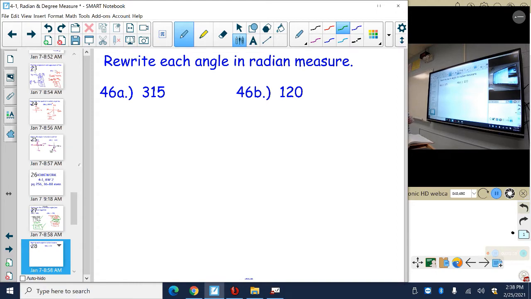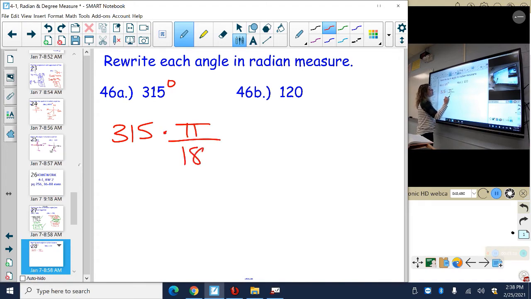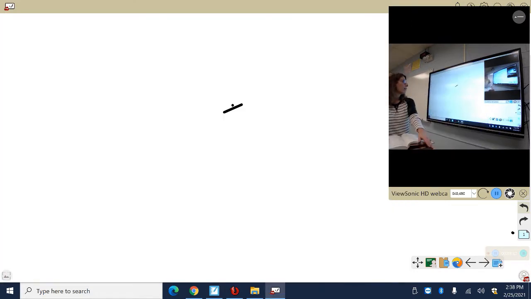Same exact thing, write each angle in radian measure. Radian measure means I want my degree symbol to cancel out. So I'm going to take 315 and multiply it by radian measure divided by degree measure. So now my degrees are going to cancel out, and you're going to take 315 and divide it by 180.